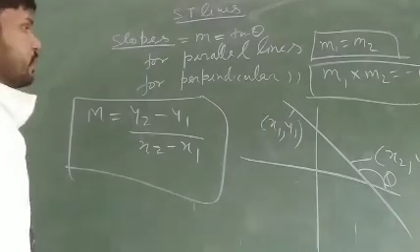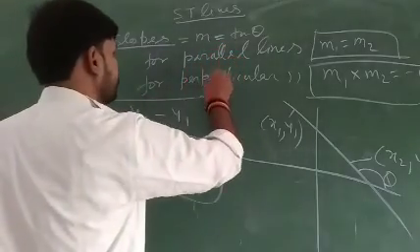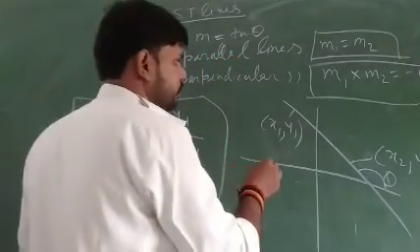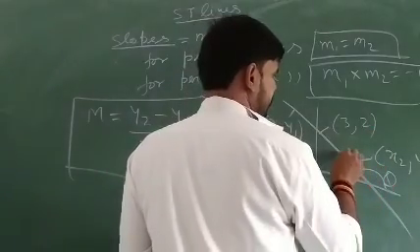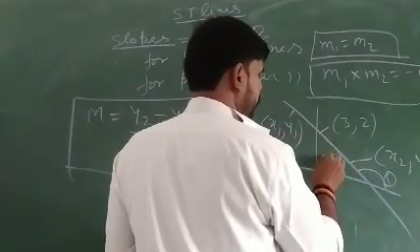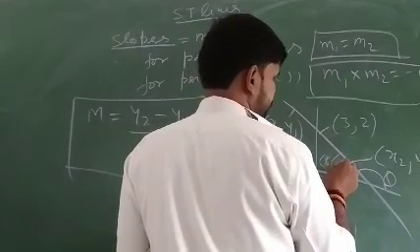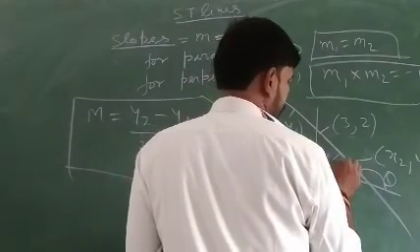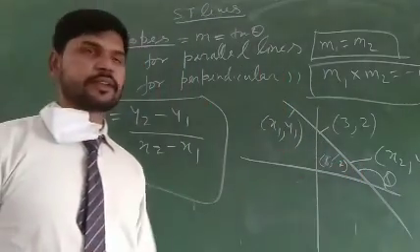Now next we will consider one more thing that is important to learn. Suppose a point 3, 2 and another point 1, 2 are given to you, and you need to find the slope of this line.